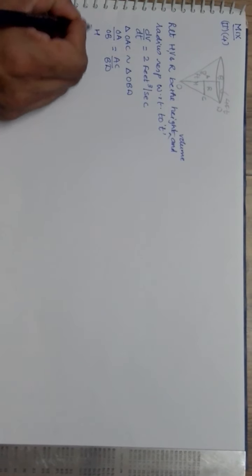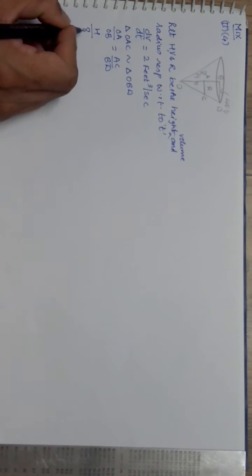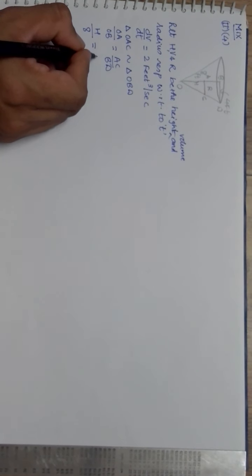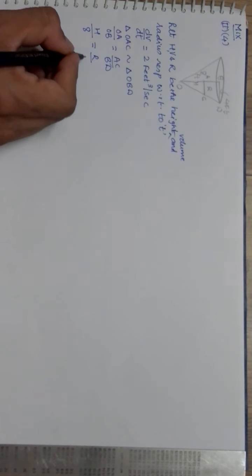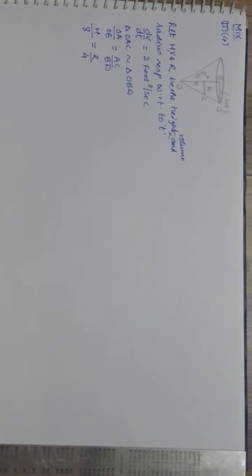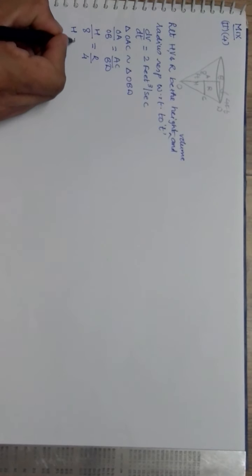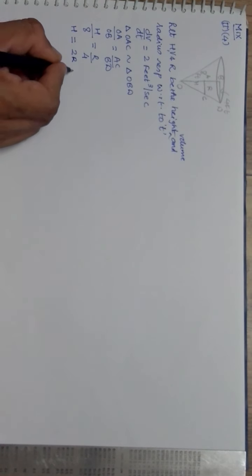OA is H and OB is 8, AC is R and BD is 4. That means H is 2R. Relation I can change as per my need. This is my first one.